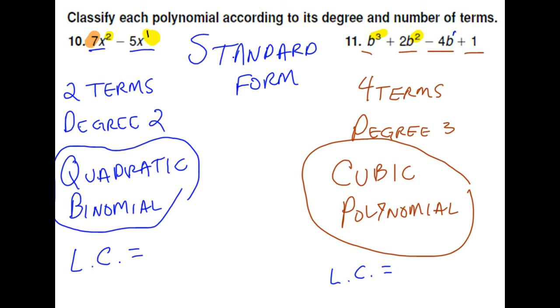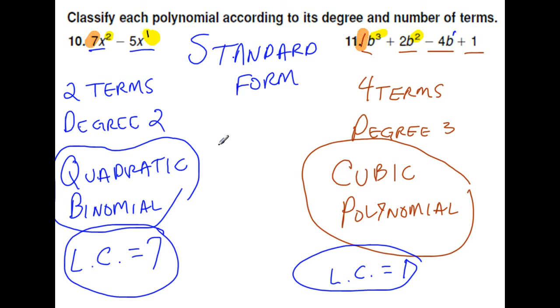And so the leading coefficient for this first equation is 7. Now, the leading coefficient for this one, this number 11 right here, is not written. It's actually a 1. And so I highlight the 1, and that is my leading coefficient, which is 1. Leading coefficients are the very front of the problem.